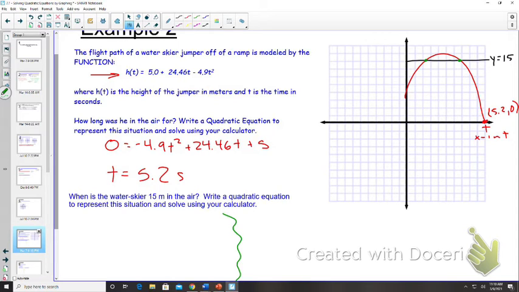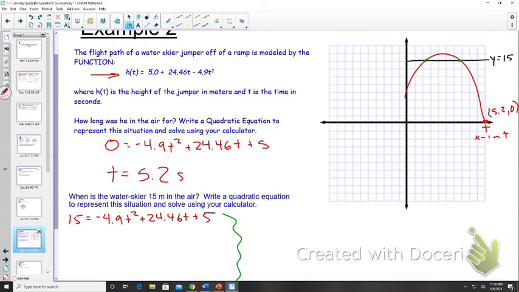So we're going to have 15 is equal to negative 4.9 t squared plus 24.46 t plus 5.